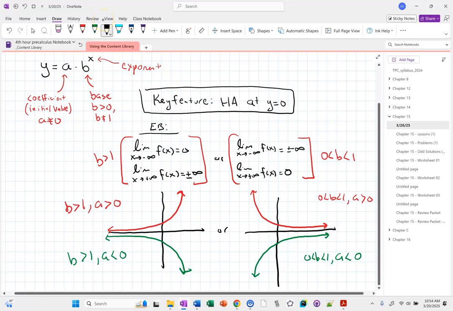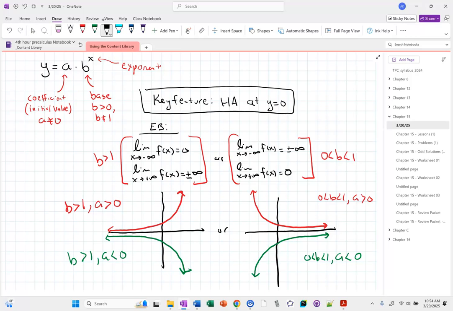So just by looking at the values for a and b, we can identify the basic shape of the graph. And from that, we can identify the end behaviors, right? One end behavior is always going to the horizontal asymptote, and the other is going to positive or negative infinity. And the values for a and b will tell us which is which.